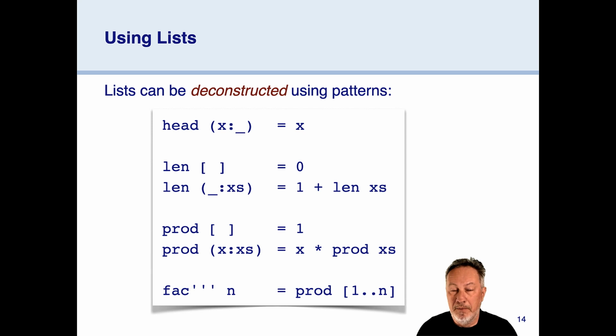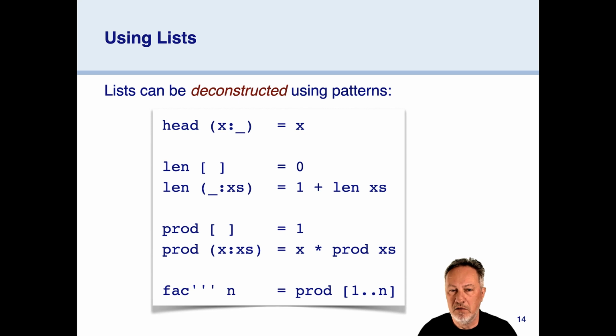Now, in order to use any complex data structure in Haskell, you have to tear it apart. So you have to deconstruct it in order to access whatever it contains. This is a little bit opposite from the way things are done in object-oriented languages, where the data abstractions themselves protect what's inside them and offer instead methods which access the internal data.